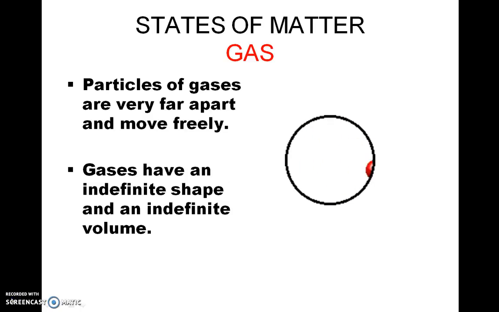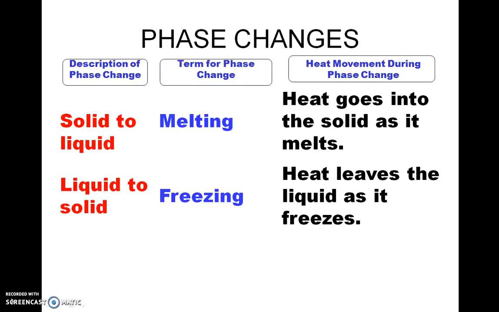That is why we cannot catch gas, we cannot even hold gas. We might be able to breathe gas, but that's all we can do. And indefinite volume, because we cannot even put it in anything that will take its shape. Still, heat goes up on gas. That is why we are able to start a stove with gas.